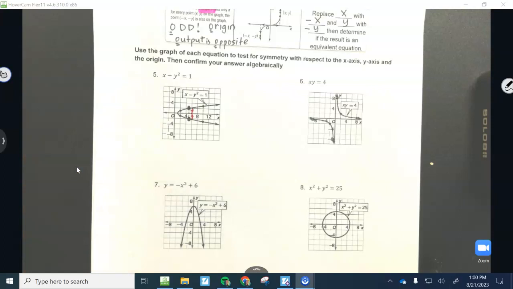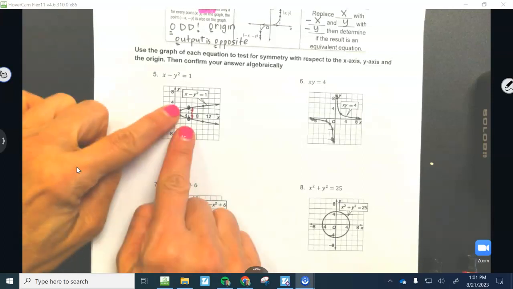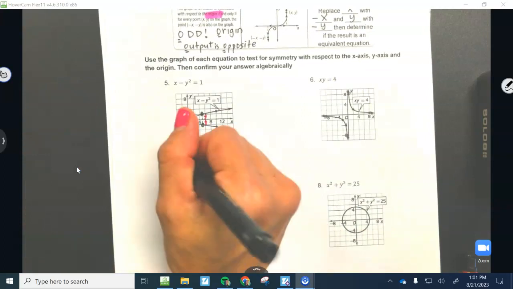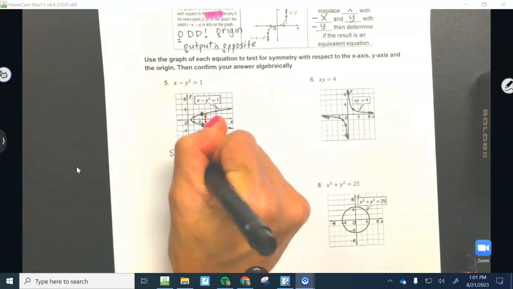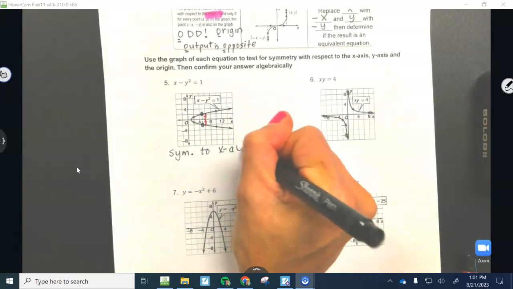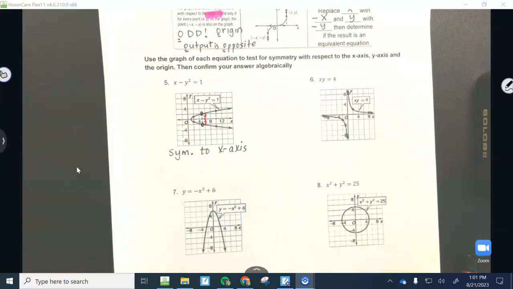On the equation, remember, if you have an equation and it's raised to an even power for a y, it is not a function because you have the same x coordinate with different y coordinates. So this is symmetrical to the x-axis.